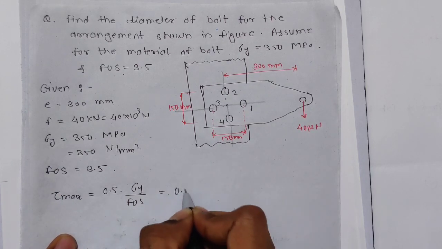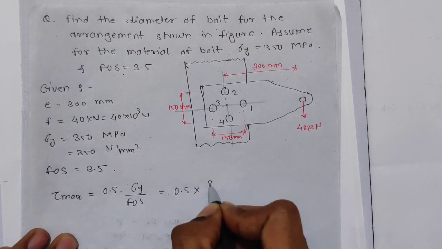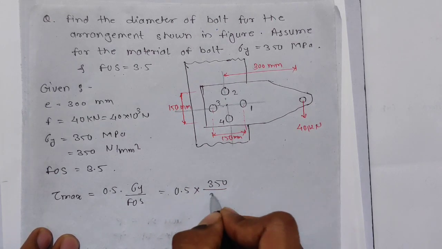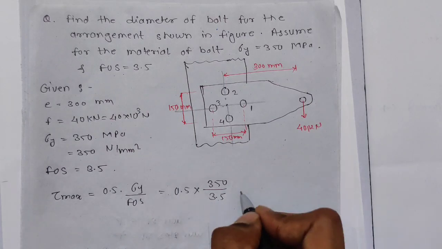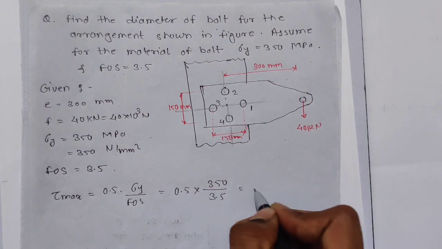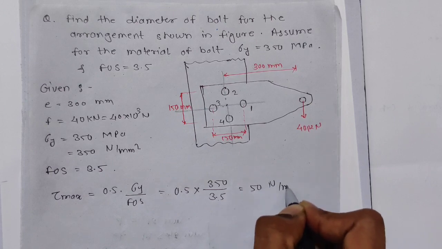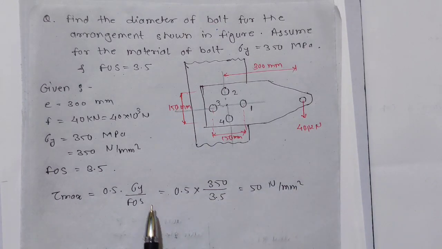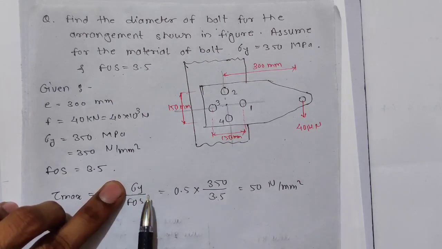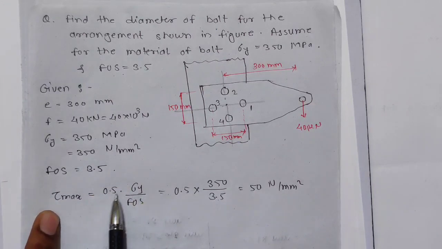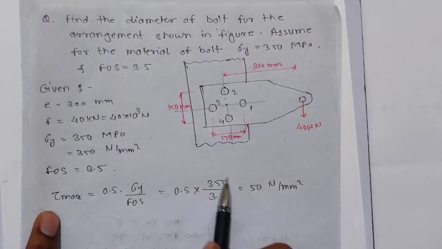So it is 0.5 into 350 divided by 3.5, which gives 0.5 into 100, so 50 Newton per mm square. Sigma y upon factor of safety is nothing but sigma t, so tau is 0.5 of sigma t, which is 50 Newton per mm square.